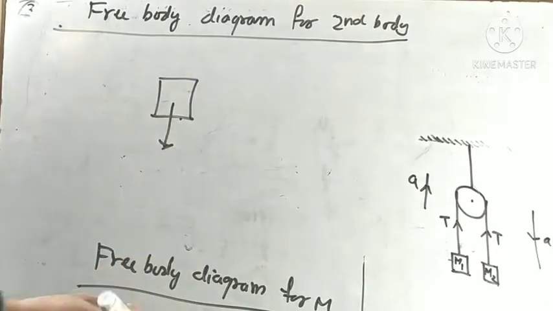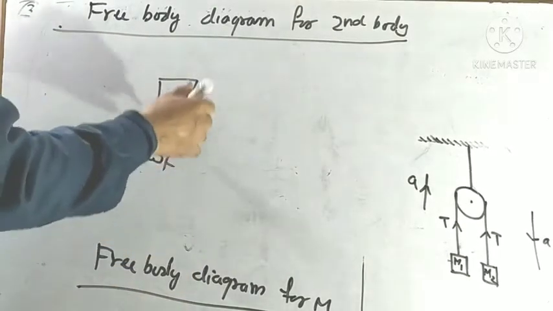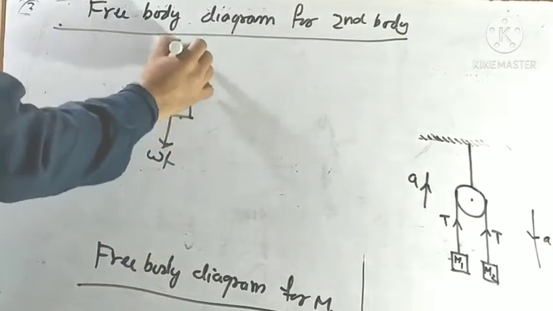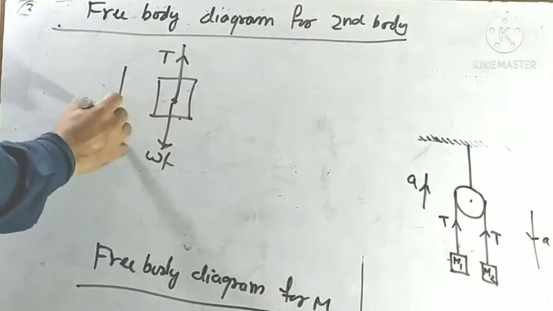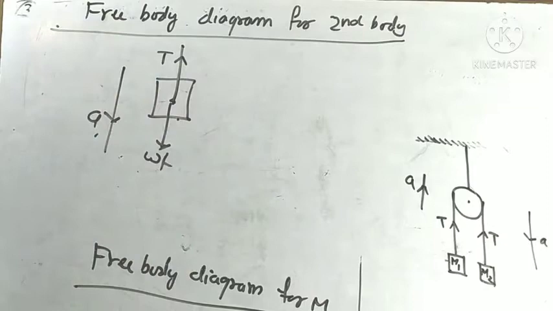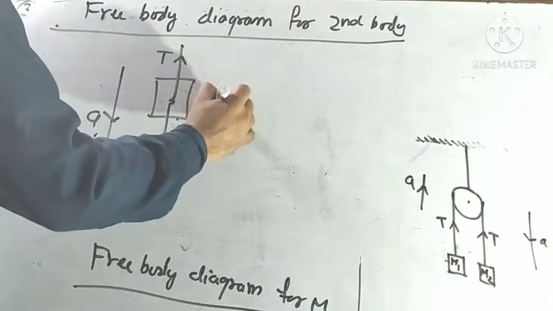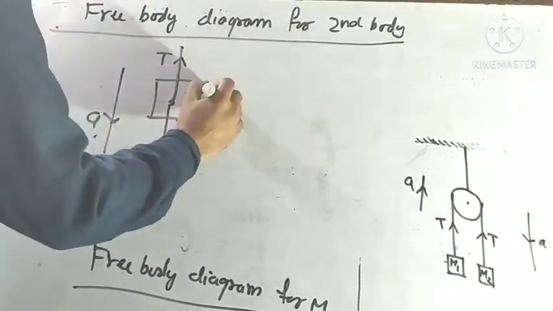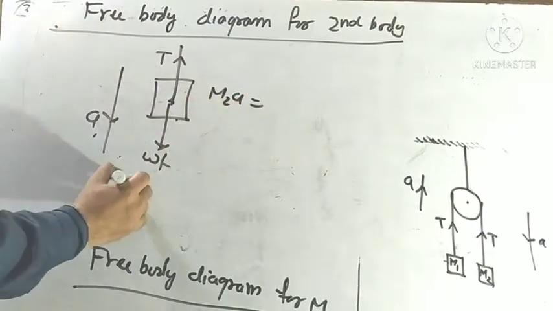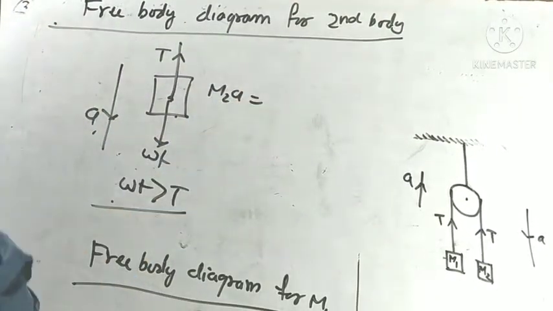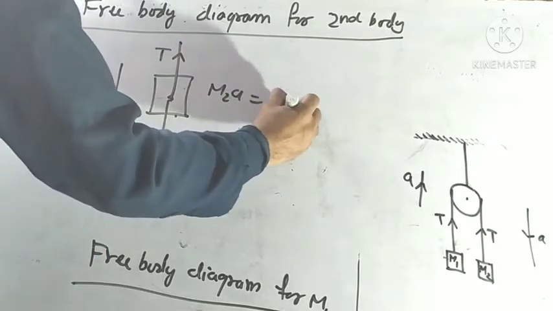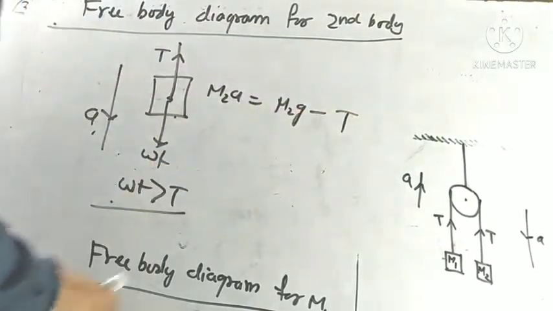There are two forces. The weight of this body works vertically downward, and tension T in the string works vertically upward, and this body will move vertically downward with acceleration A. So net force on this body, m2A is equal to the weight of this body, which is greater than tension T. So simply we put here the weight of this body m2g minus tension T.